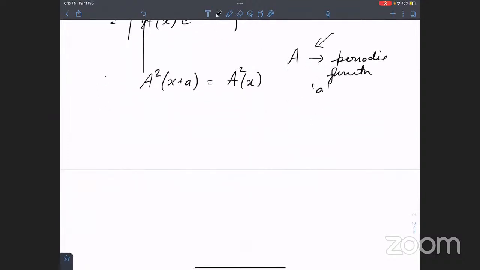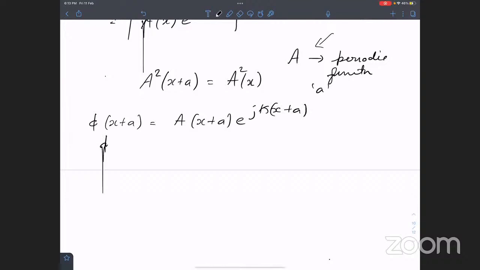So now let's think about it. We have phi of x plus a, my wave function, equal to a of x plus a into e to the power j k into x plus a. And we have phi of x, which is a of x into e to the power j k into x.